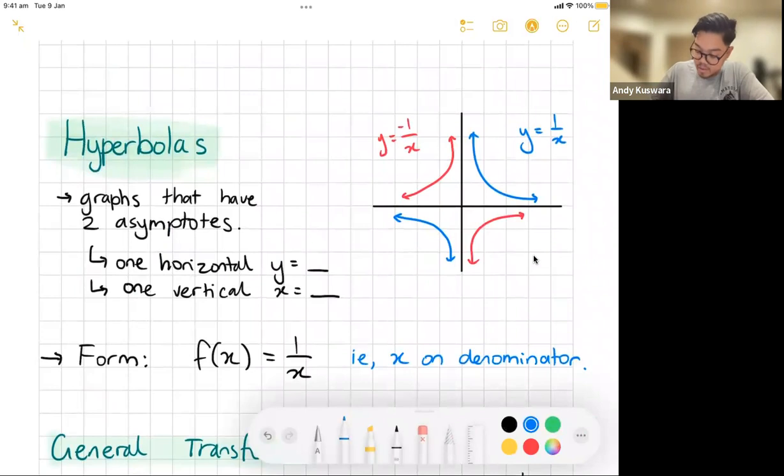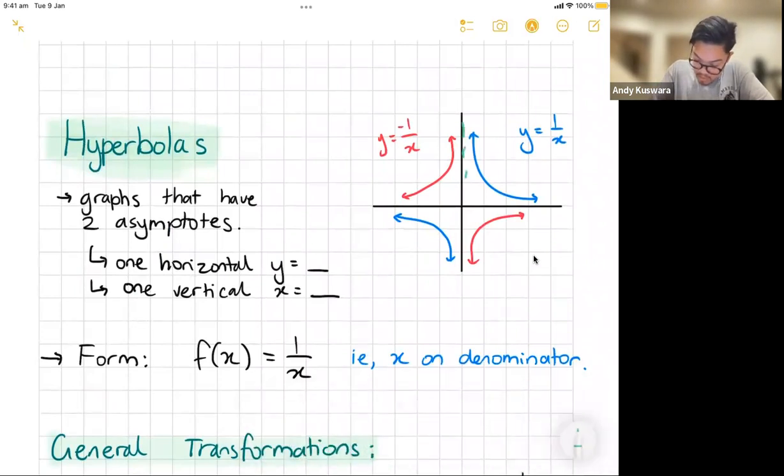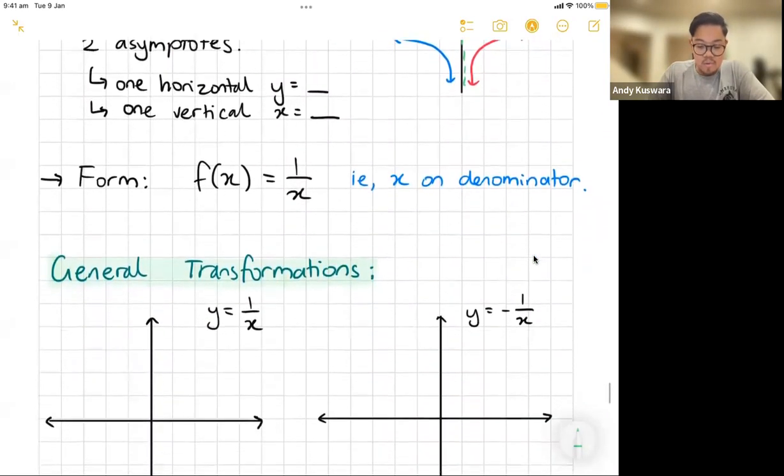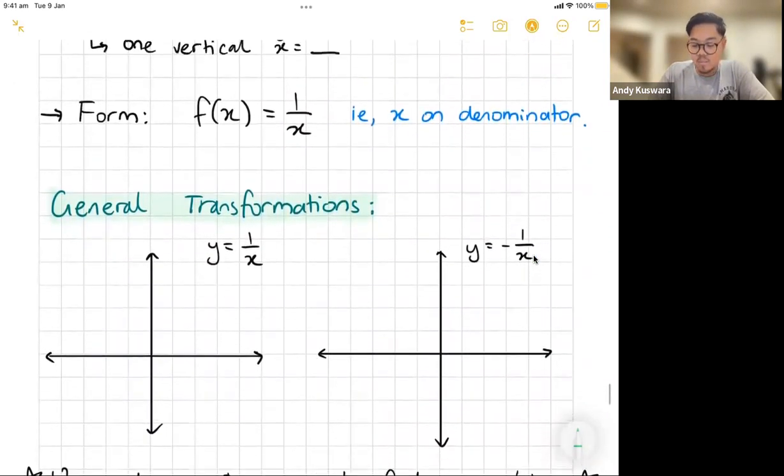Okay, so if you can take a look, I'll do it in green. There's a vertical asymptote here, which is an x equals, and there is a horizontal one, which is y equals. Now the form is f(x) equals 1 on x, where basically if you ever see an x on a denominator, it will be a hyperbola.